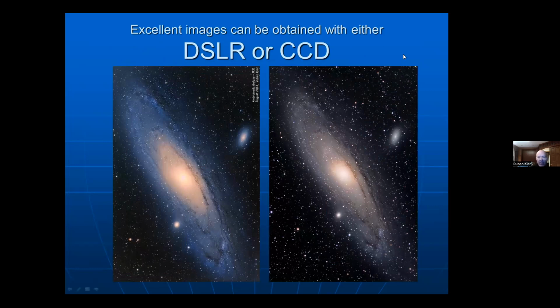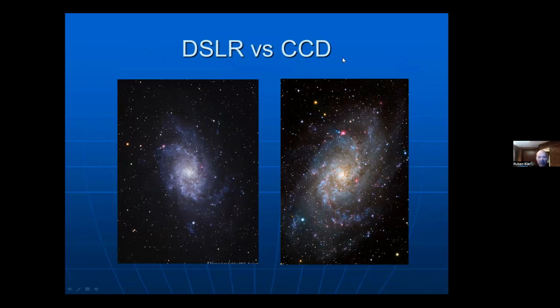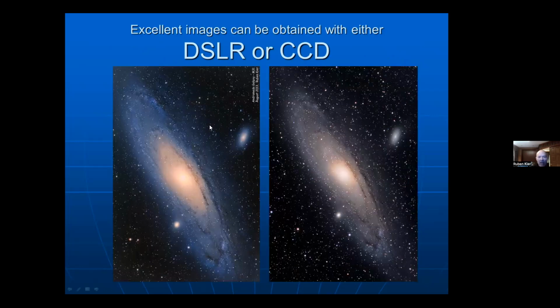But you can get excellent image quality with either a DSLR or with a CCD camera. The one on the left is a DSLR and the one on the right is a CCD. The difference in quality is not large. I think I got a slightly better view of the outer reaches of this galaxy, but this was more due to processing differences than any difference in the quality of one or the other.